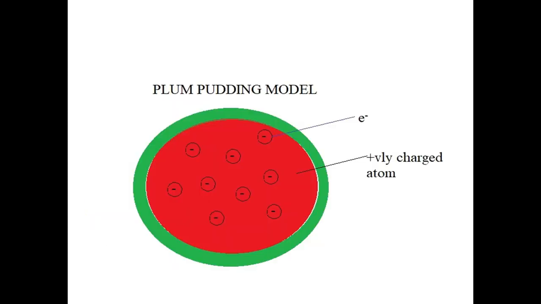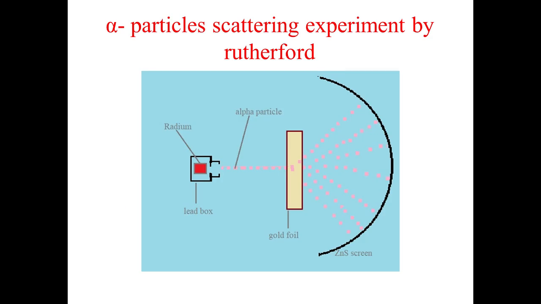So this is all about the J.J. Thomson model. Come to the next model that is well known: alpha scattering, the gold foil experiment, or the Rutherford model. This model is so important in the discovery of the atom because it is well explanatory in nature. You can see here there is a lead box. Why do we use this lead box?